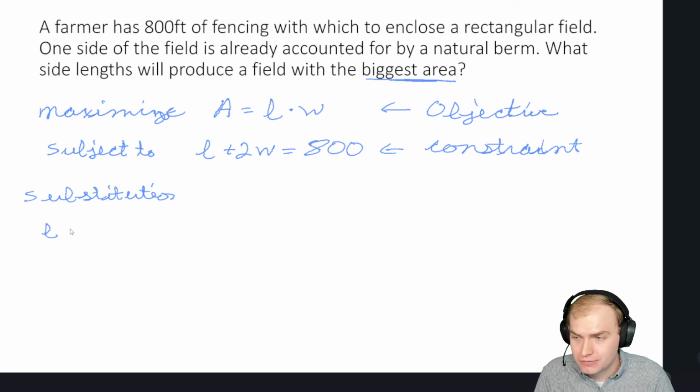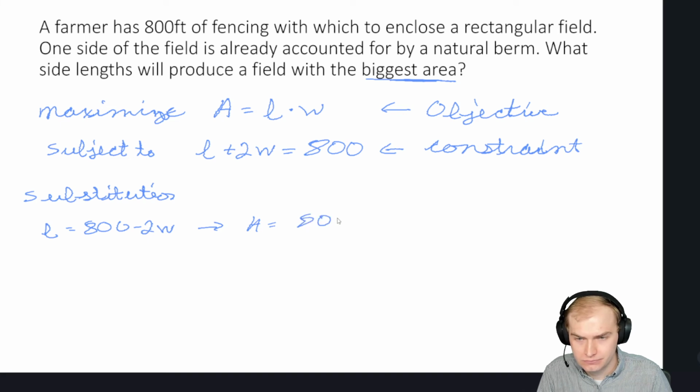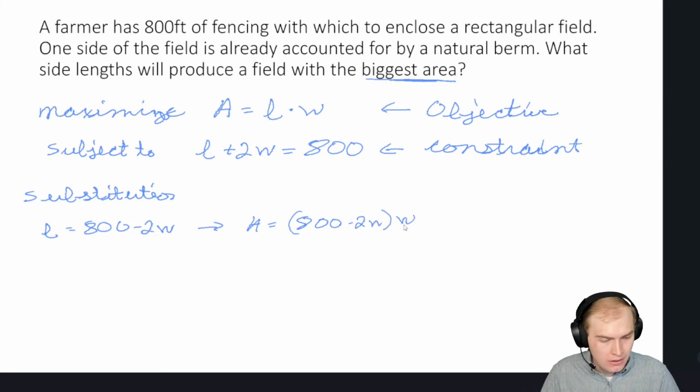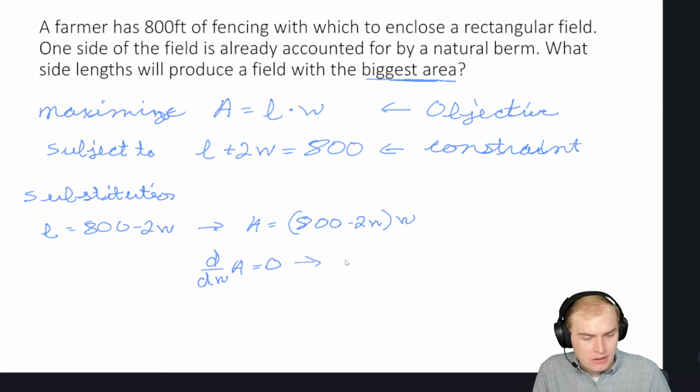We're just going to solve for length, plug it into the area, and then take the derivative with respect to our variable width. 800 minus 4W equals 0.